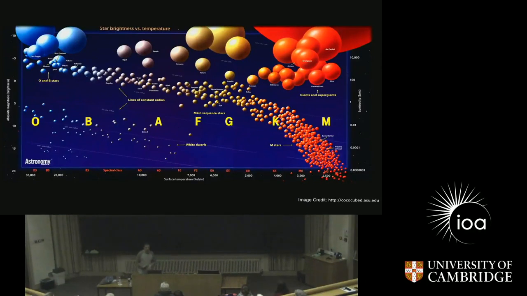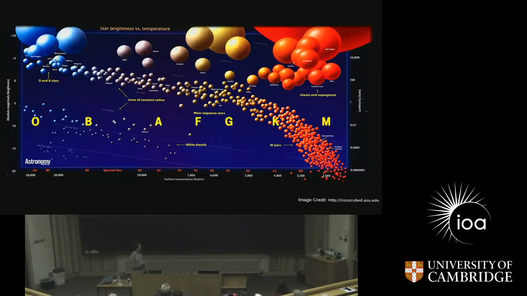So, to understand what happens at the end of the life of a star, we first look at what happens during their life. This is a diagram which shows different kinds of stars that we know. This is their brightness and their temperature, which determines their color.